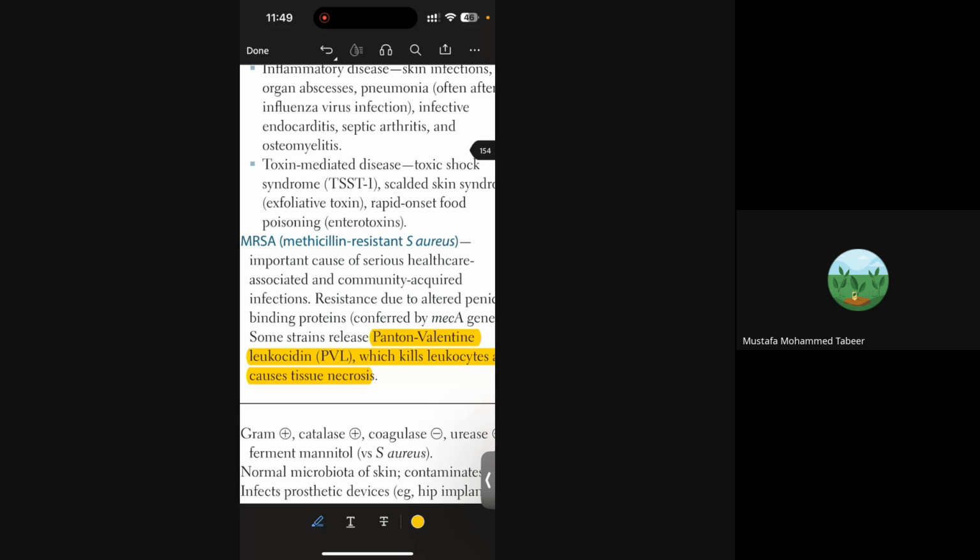Leukocidin is the main virulence factor which differentiates it from strep pneumo, and it is the specific virulence factor that leads to the development of necrosis here, the necrotizing pneumonia.